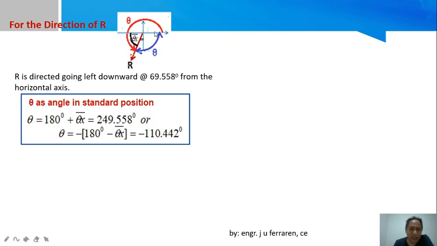Now for the angle which is produced through a clockwise rotation, which is this one, just consider that I have 180 here. 180 subtracted with the reference angle is this one, no? Then I put a sign of negative to consider the direction or the rotation of your angle. So there I obtain negative 110.442.